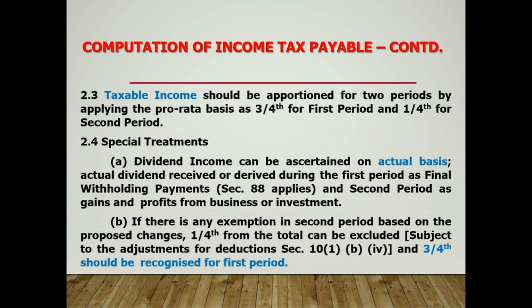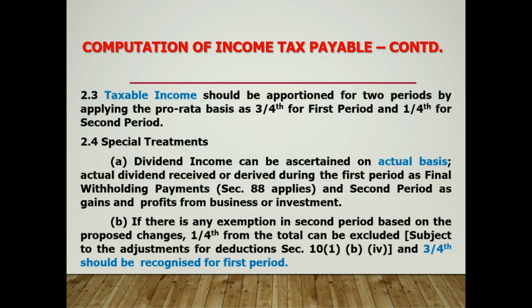The next situation is if there is any exemption in the second period based on the proposed changes, 1/4 of the total can be excluded, subject to the adjustments to be made under section 10(1)(b), and 3/4 should be recognized for the first period.